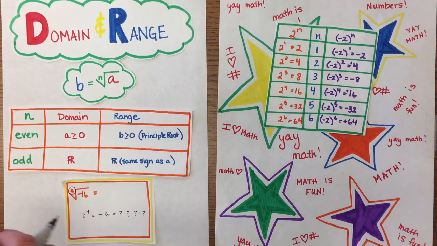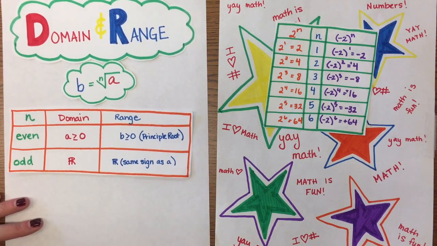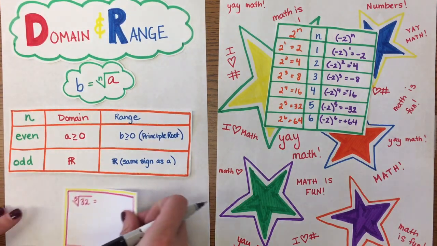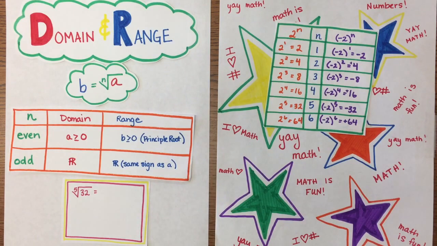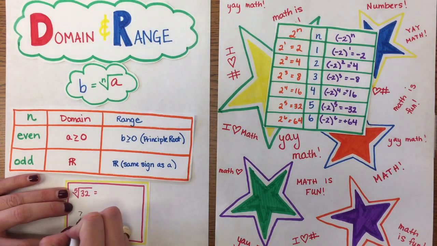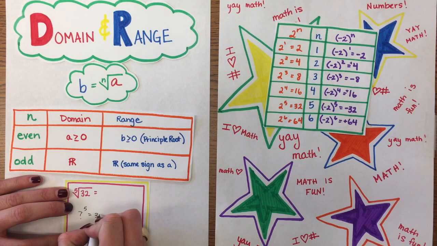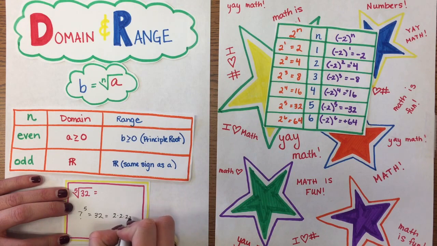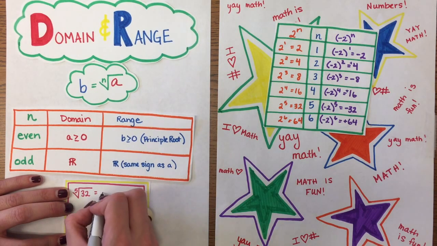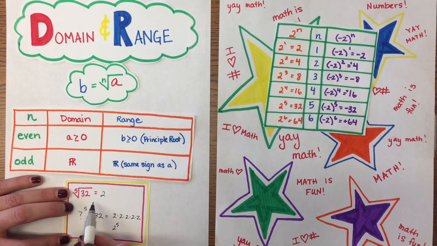If this index is odd, like the 5th root of 32, this is saying what raised to the 5th is 32. That's going to be 2 times 2 times 2 times 2 times 2 is 32, or 2 to the 5th is 32. So this is just 2.